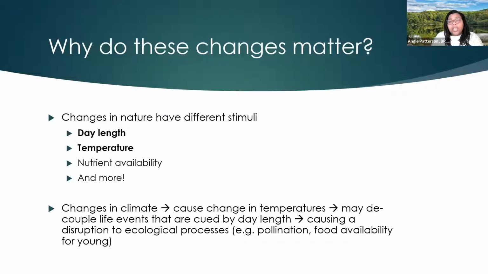And unfortunately, climate change can cause changes in temperature that can decouple the life events between organisms whose life events are dependent on day length, which causes a disruption in the ecological processes, such as insects pollinating and flowers opening, or having food available for animals that were just born.